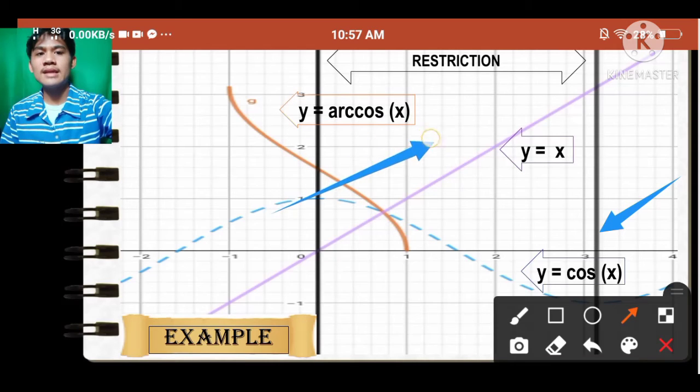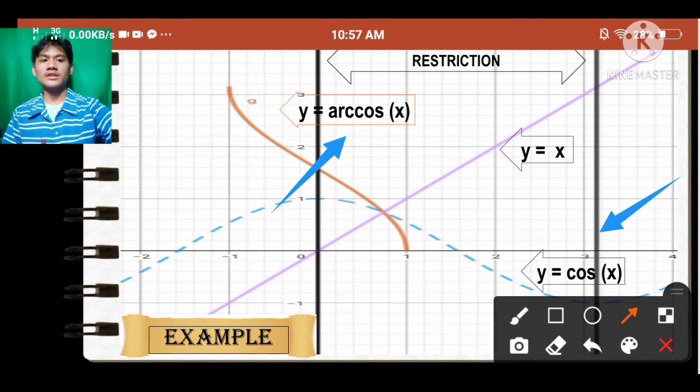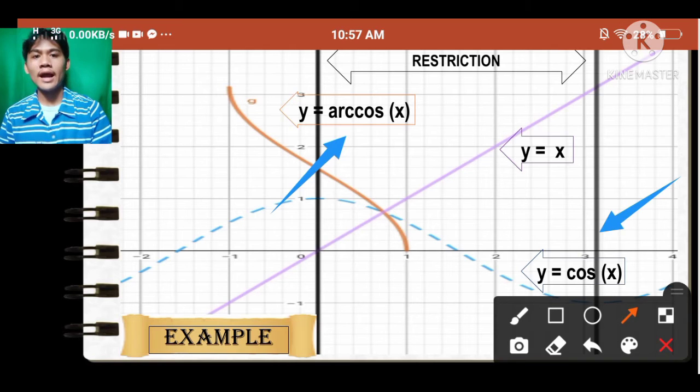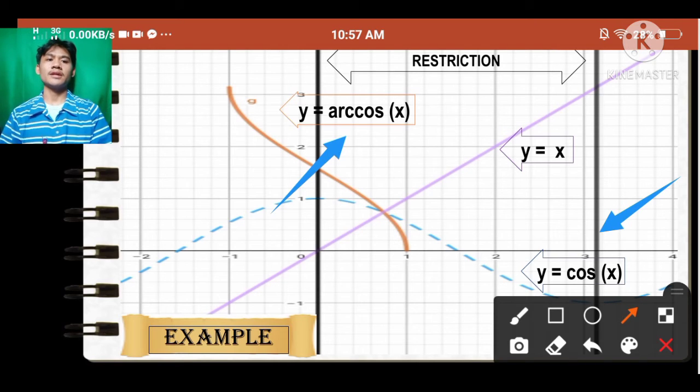Now, this would be the inverse of the given function y equals cosine x. We denote the inverse of cosine as cos raised to -1, or simply arccos, since it is the inverse.